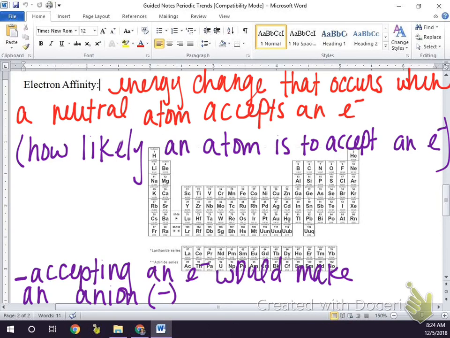All right, so electron affinities, what I want you to think about is how likely an atom would be to accept an electron. Okay, and the reason that an atom would accept an electron would be to complete its shell, right? So what elements or what atoms do you think would be likely to accept an electron?